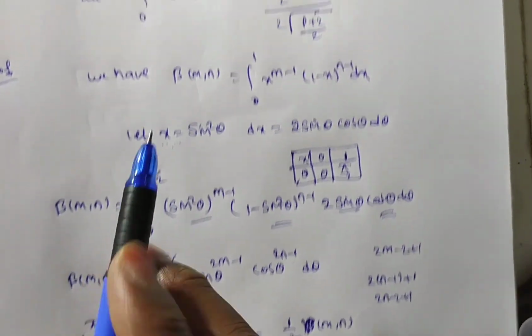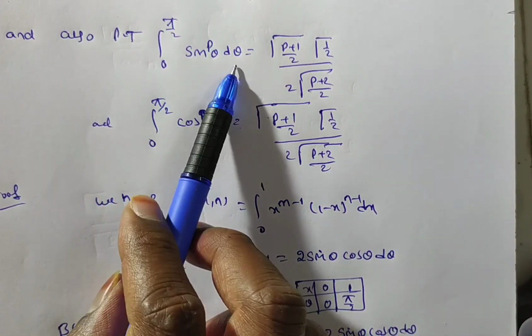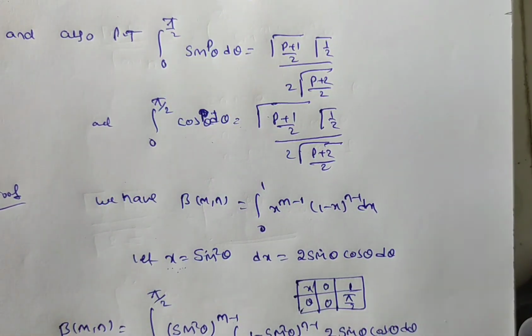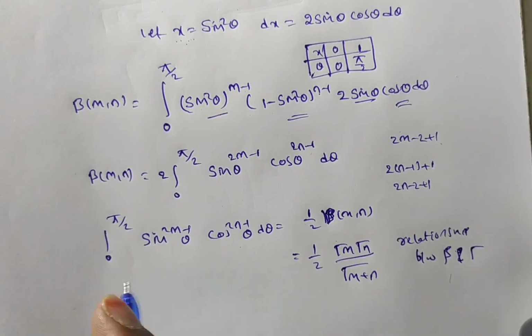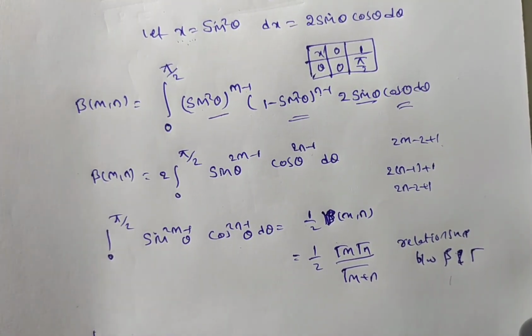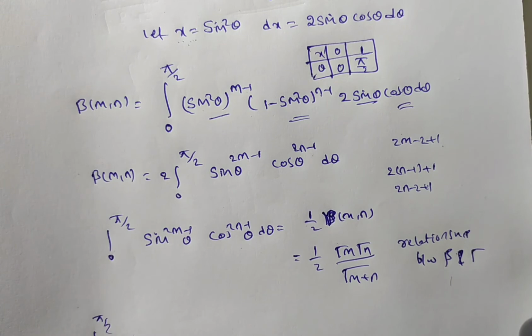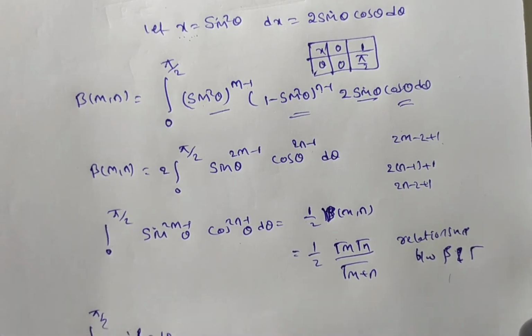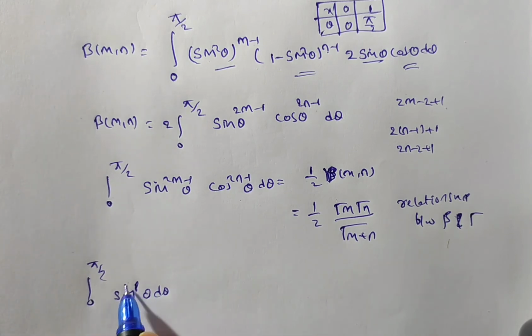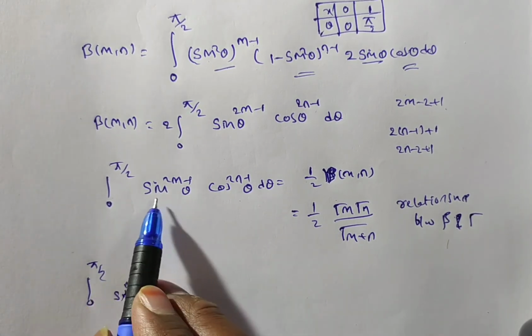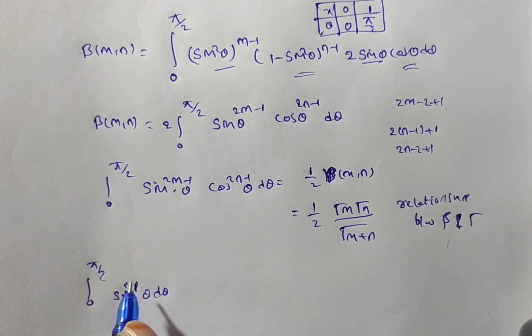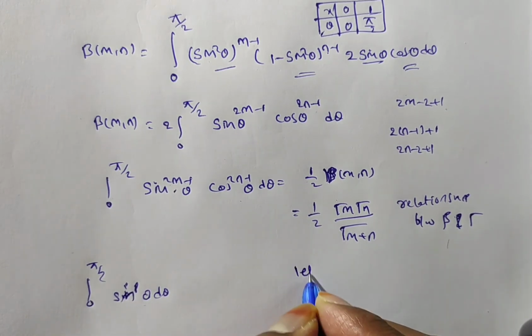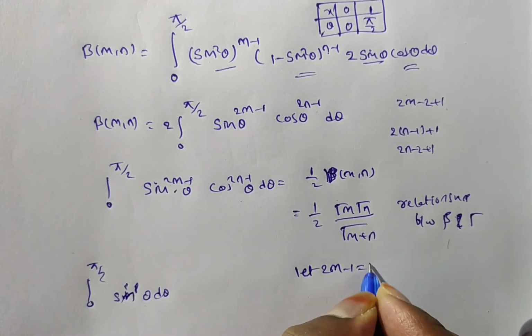From this we have to deduce sine to the power of p theta and cos to the power of p theta. So how will you get it? What we actually have to prove is the integral from 0 to pi by 2 of sine to the power of p theta d theta. How will you get this one? You see, in place of sine power you have 2m minus 1. So let 2m minus 1 be equal to p.